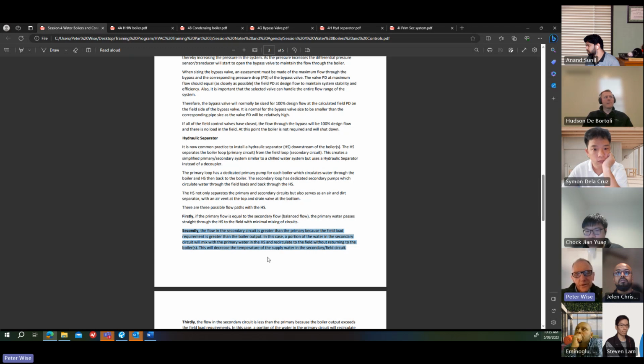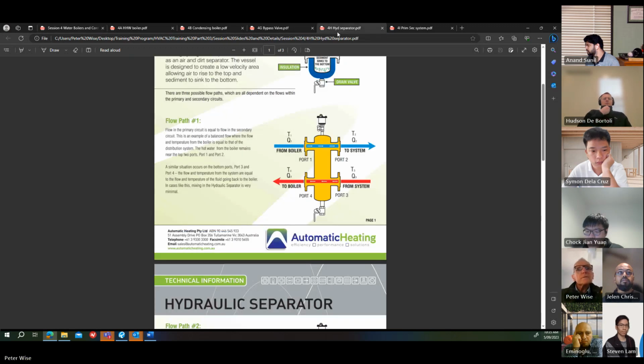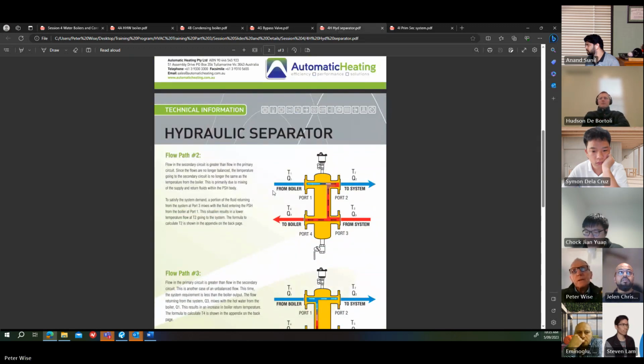Now the boiler controls and the system controls are going to compensate for this. So what's happening in number 2? Water's coming from the boiler, and it's going out to the system, but the system requires more water than the boiler is actually providing. So you get some recirculation happening through the hydraulic separator.